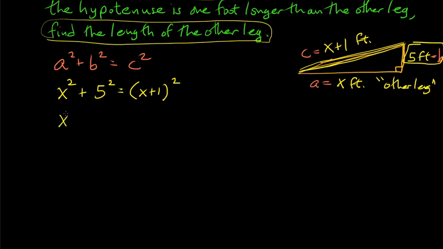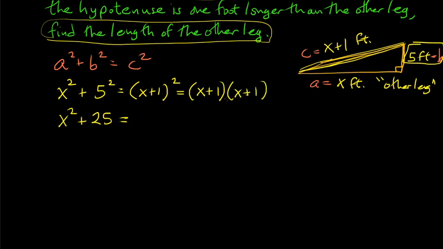And this looks tricky, right? x squared plus 5 squared. 5 times 5 is 25. Now, be careful of the right side, because a lot of people have a tendency to do x squared plus 1 squared, but that's wrong. You can't do that. You cannot distribute the square here. x plus 1 squared means what? It means x plus 1 times x plus 1.